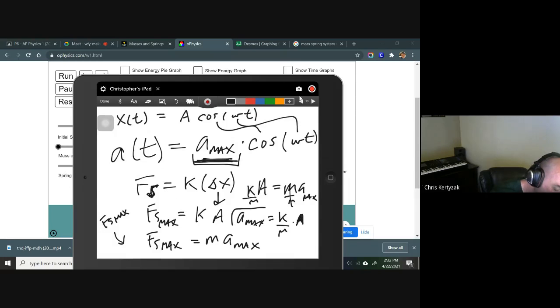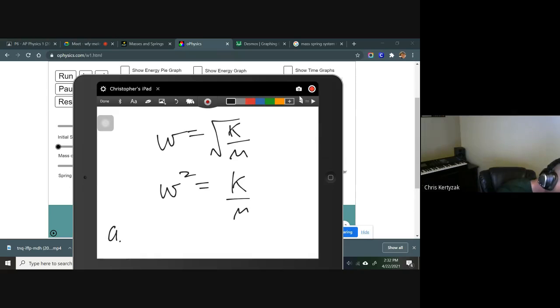So I'm looking more closely at this result that comes from setting those two things equal. A max equals K over M times A. But K over M is equal to omega squared.